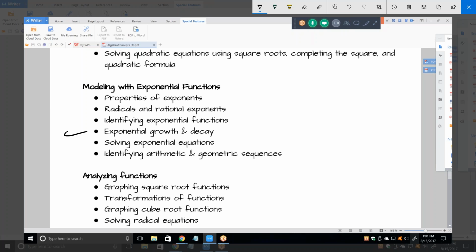Okay, so the reason this is such an important subject in math is because so many things in our real world have either exponential growth or exponential decay. And in fact, most everything does. The one example I pointed out to you, which was a bank account, that's artificial. That's not in the real world.